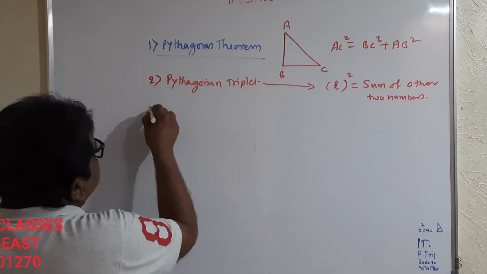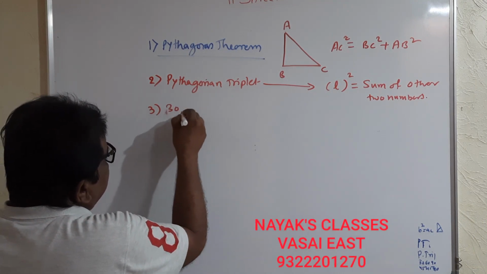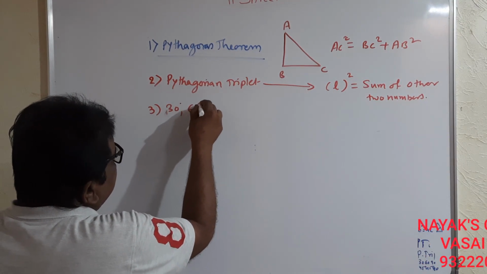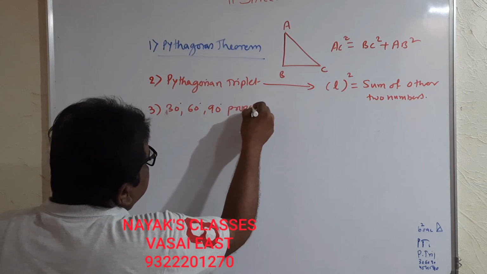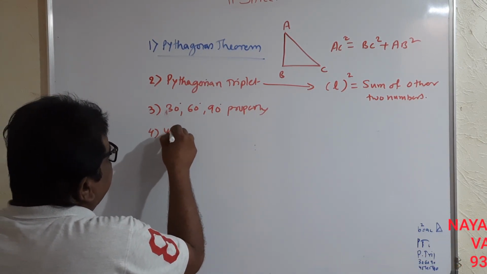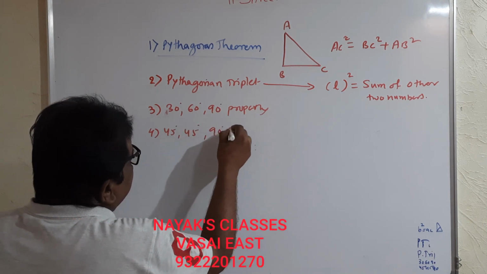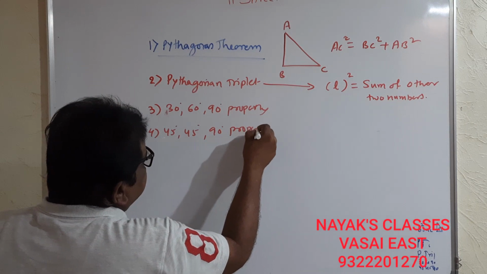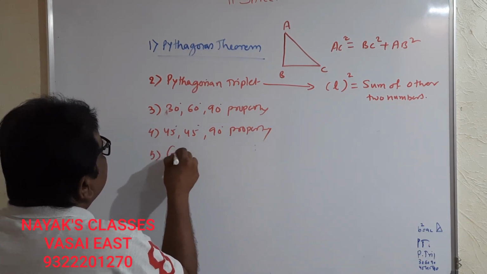Third is the 30 degree, 60 degree and 90 degree property. Fourth is the 45 degree, 90 degree property. And fifth is geometric mean.